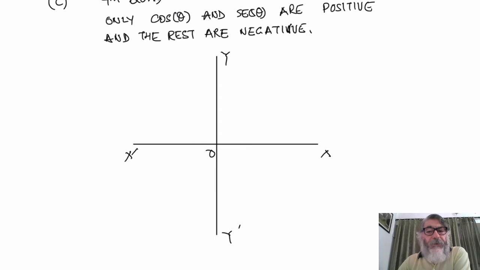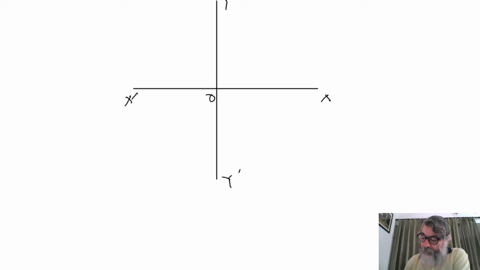Along OX, what did we say? Along the OX line, along the horizontal line, we said n pi.